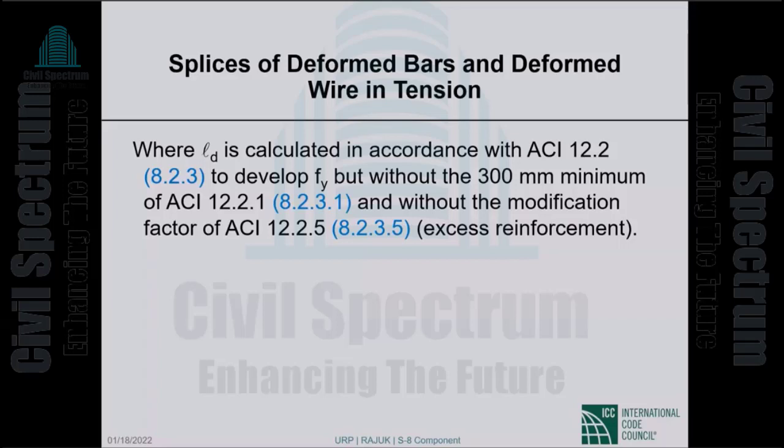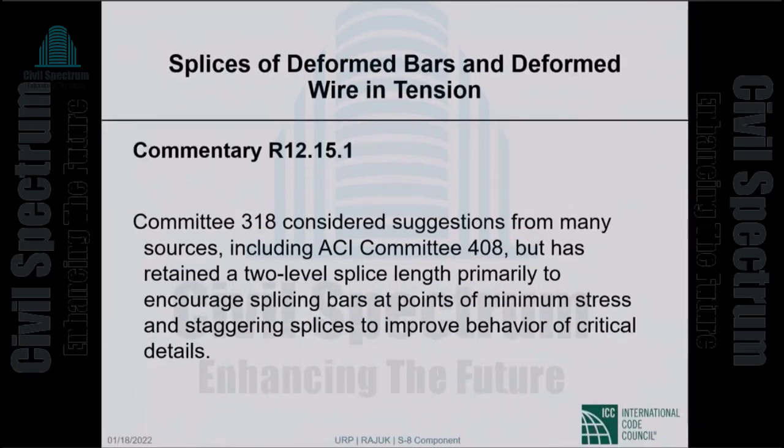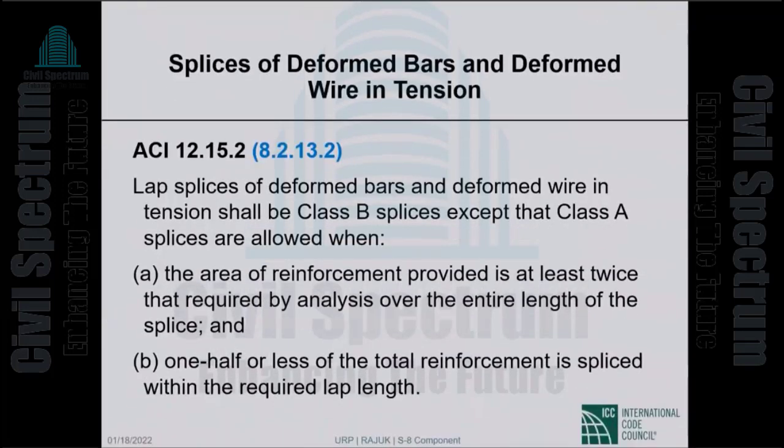The development length is calculated without a minimum of 300 millimeters on it, and it must be without any excess reinforcement factor. A lot of people have told 318 that 2 classes of splices don't make any sense, but we continue to maintain them for reasons that are given.